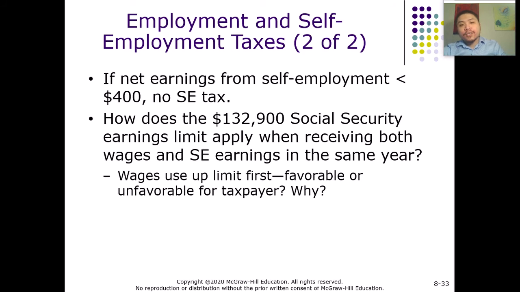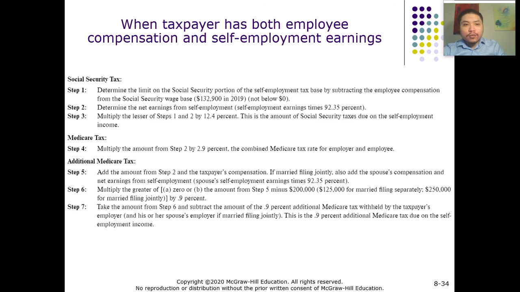So let's go through this step again. Maybe I'll be able to explain it a little bit more clearly. For Social Security tax, this is the step we need to follow to calculate the self-employed portion of the FICA tax of a person who has two jobs.